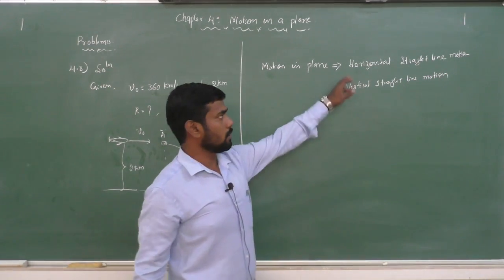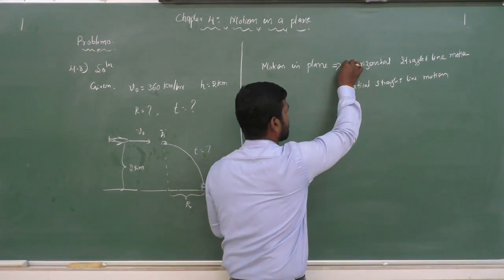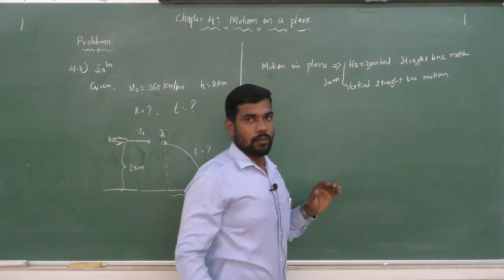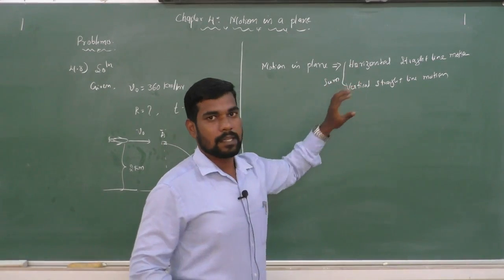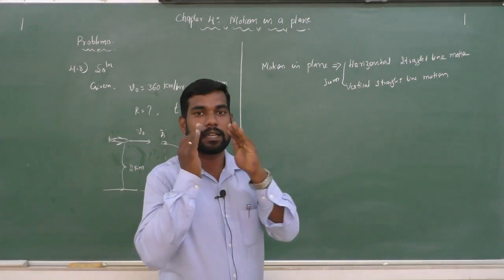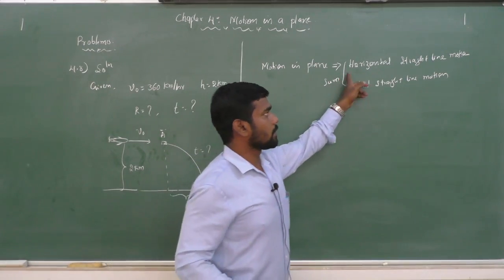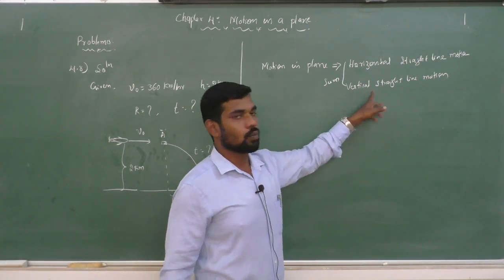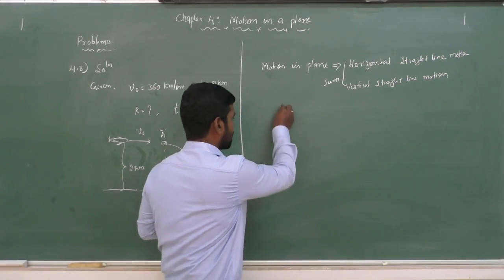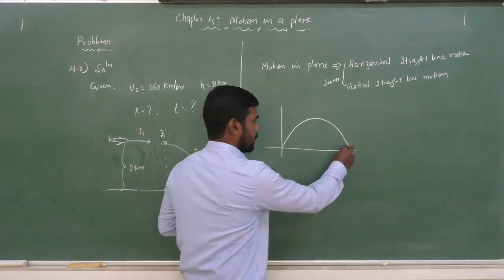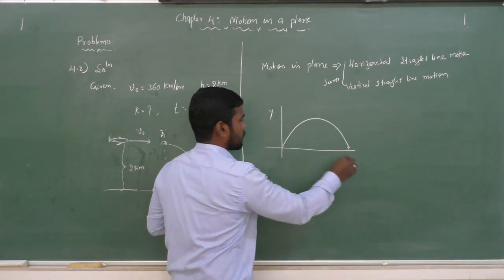Whenever an object moves in a plane, we can imagine that the object has two straight line motions: one is horizontal straight line motion, another is vertical straight line motion. I explained it like this: this is the y axis, this is the x axis.